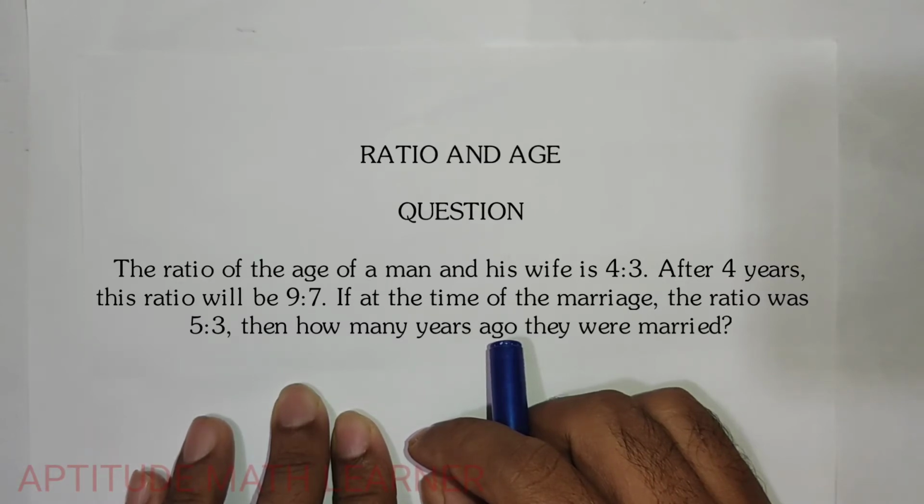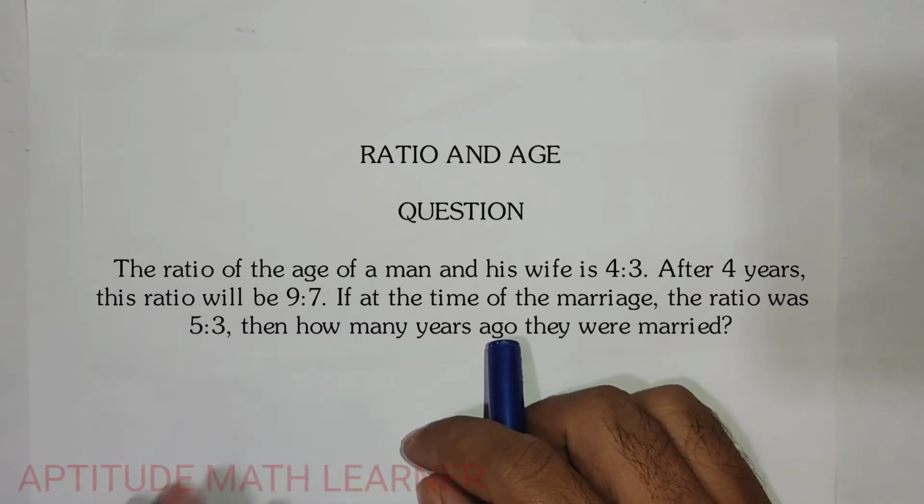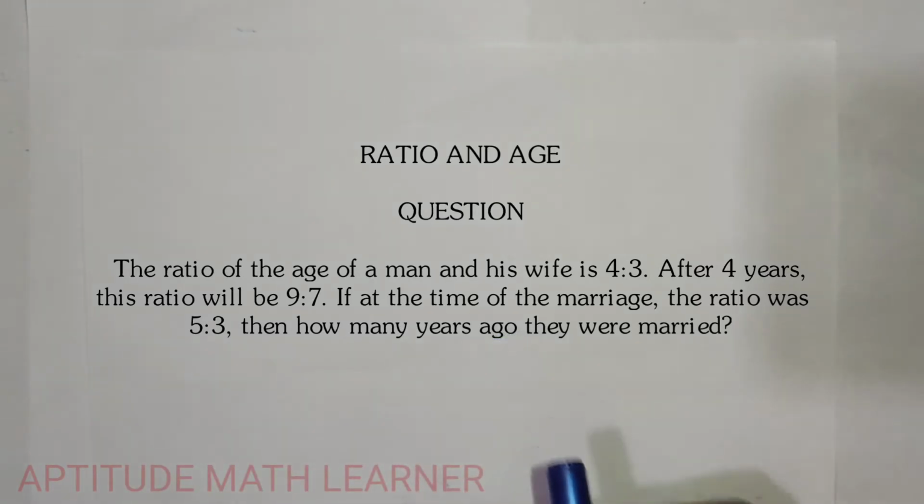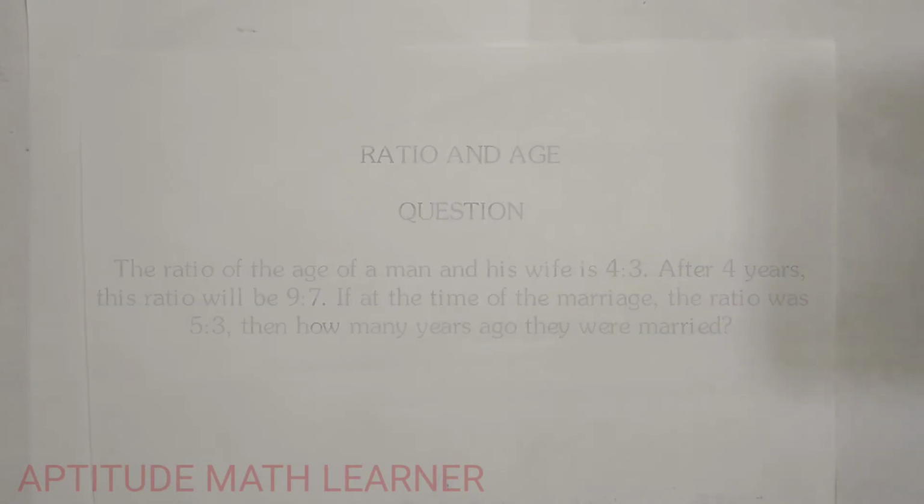And if at the time of the marriage the ratio was 5:3, then how many years ago were they married? So let's try to solve the question. So let's start.